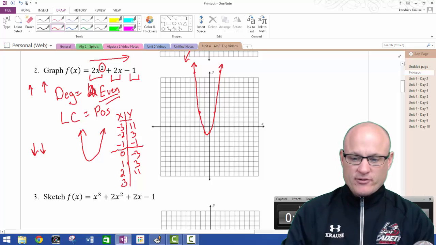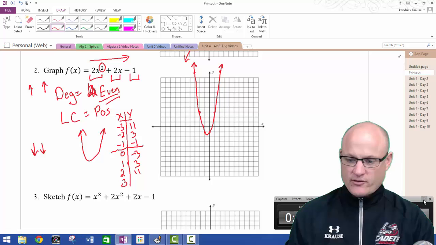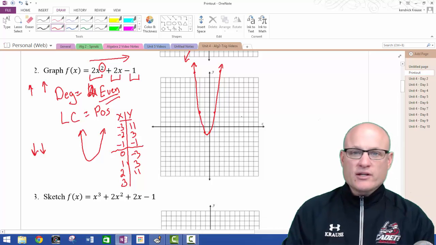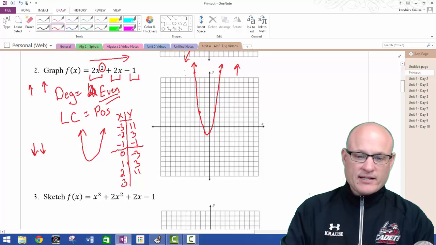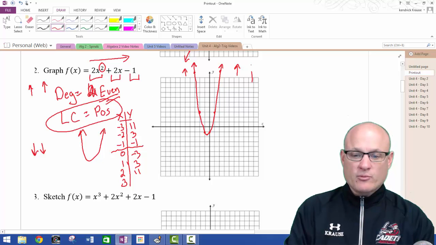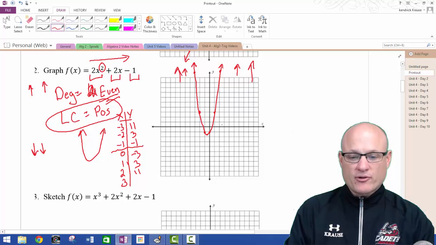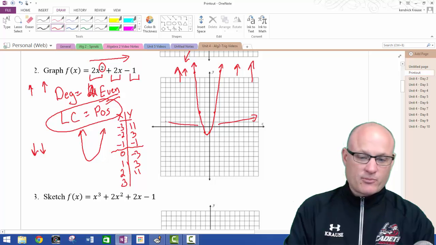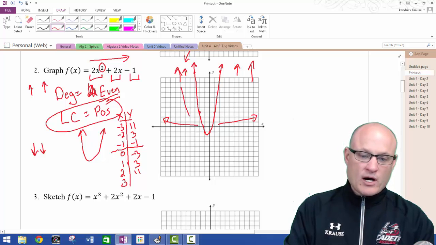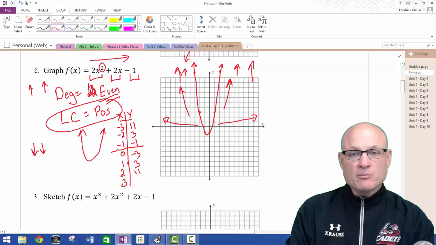Now in this case, since this is an even exponent, I knew it was going to go off in both directions, and the fact that the leading coefficient was positive meant that in both directions it would be going up. And what I mean by that is, as x approaches positive infinity or as x approaches negative infinity, the y value is going up both times.